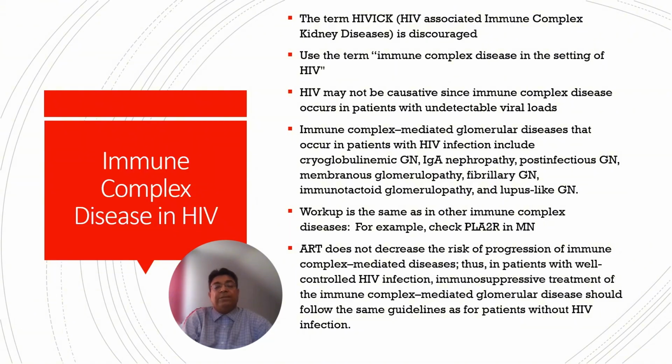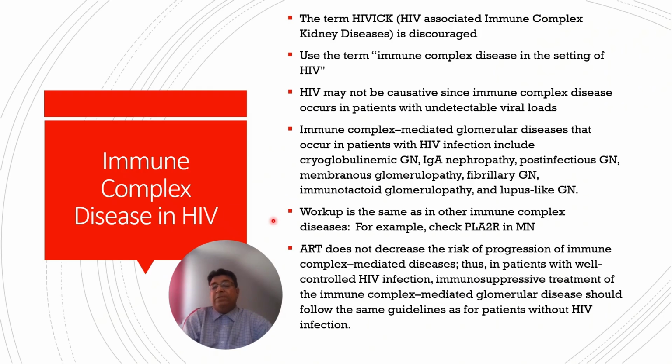Immune complex glomerular diseases that occur in patients with HIV include cryoglobulinemic glomerulonephritis, IgA nephropathy, post-infectious GN, membranous glomerulopathy, fibrillary GN, immunotactoid glomerulopathy, and lupus-like glomerulonephritis. The workup is the same as in other immune complex diseases.